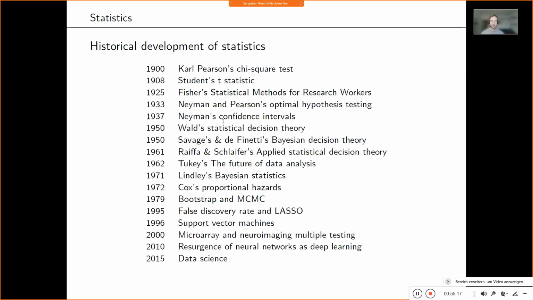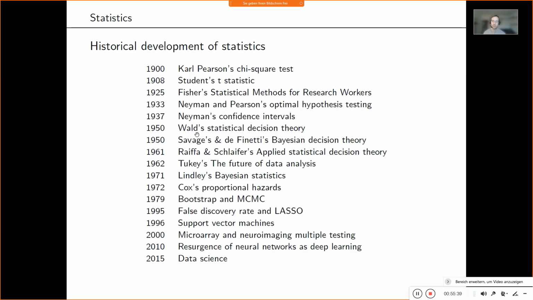So here are some key dates for the last 120 years of statistics. You might know that all of this frequentist statistics early on was developed between 1900 and 1940, accumulating in statistical decision theory and sequential likelihood ratio tests.